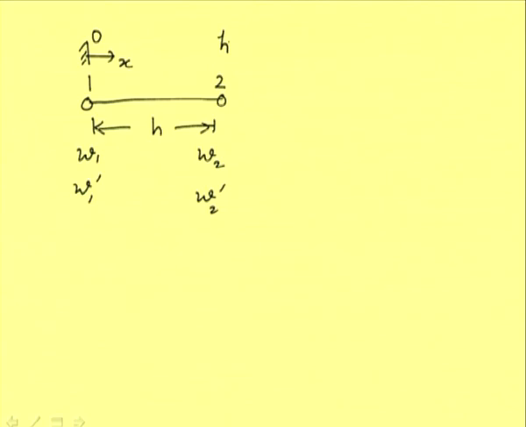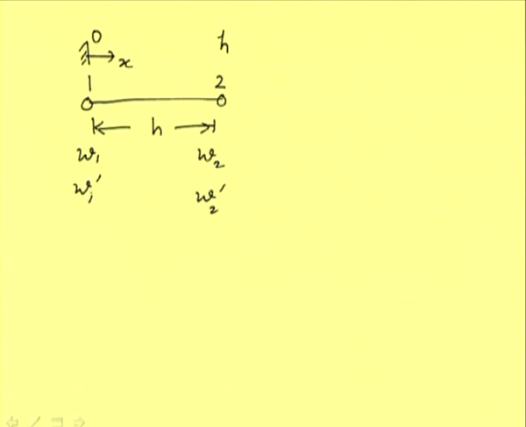So, let us say this is the beam element, the length of the element is h, and the nodes are 1 and 2, and each node has these conditions. Here we can assign a local axis x, so this is x equal to 0 and this is x equal to h.